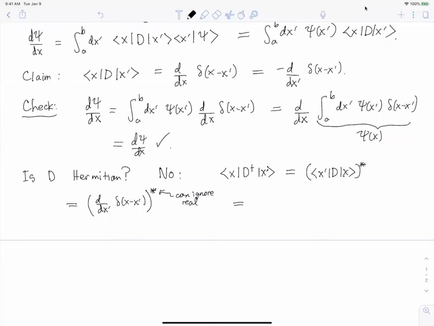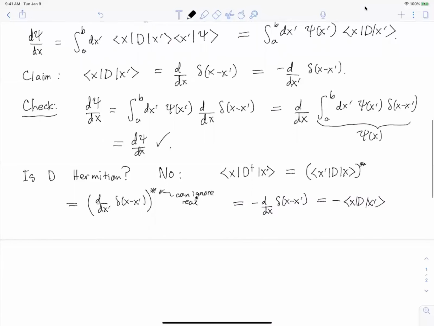And so this is minus d by dx of delta of x minus x prime, as we mentioned earlier, which is equal to minus <x|D|x prime>. So if this were Hermitian, it should have been positive <x|D|x prime>, but it came out to negative <x|D|x prime>. And so what we learn is that it's not Hermitian, it's anti-Hermitian.